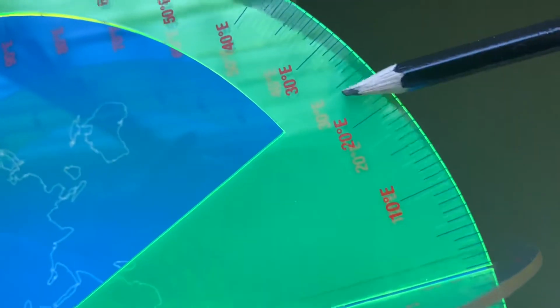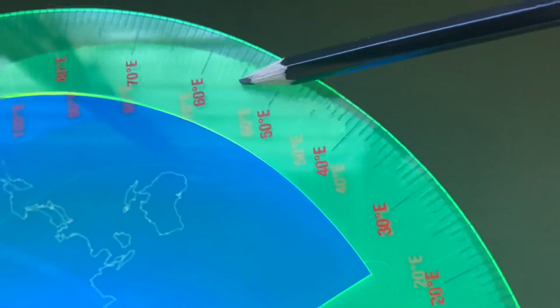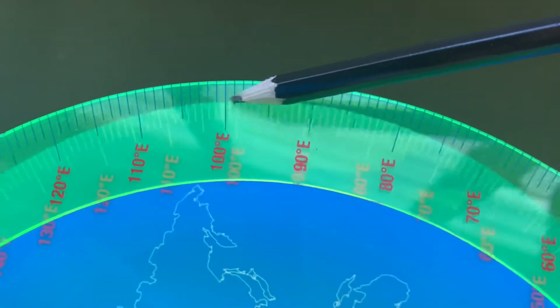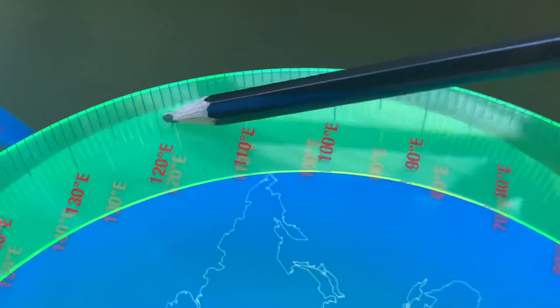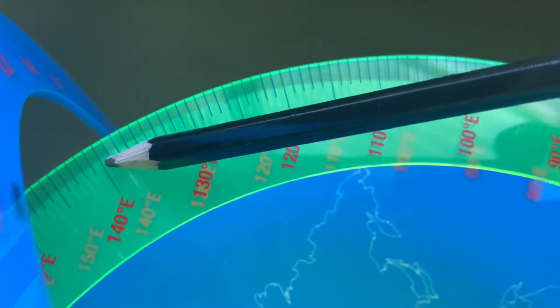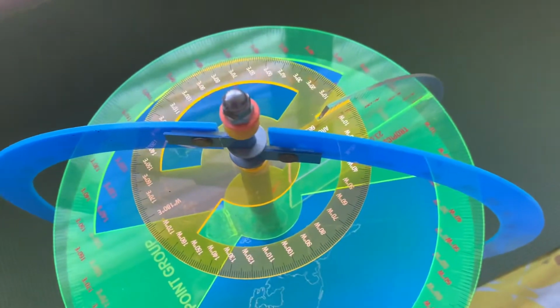I'll show you clearly. You start 10, 20, 30 east, 40 east, 50 east, 60 east, 70 east, 80 east, 90 east, 100 east, 110, 120, 130, and 140 east. So that forms a great circle. Understand?